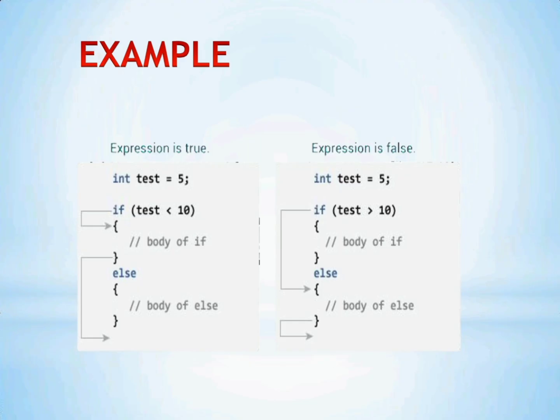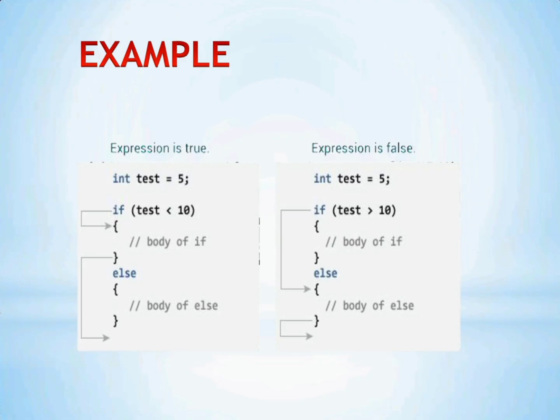Here the example is the same. int is the data type, test is the variable, and we have assigned the value 5. Let's see the conditions. If test is greater than 10, that is, 5 is greater than 10, the condition is true, so we will execute the first part of the program, and the else part will not execute because the condition is true at the first step.